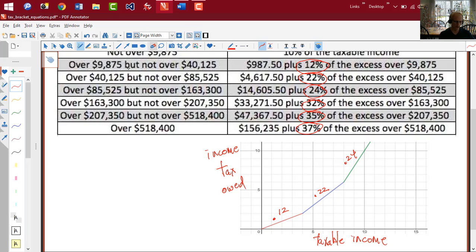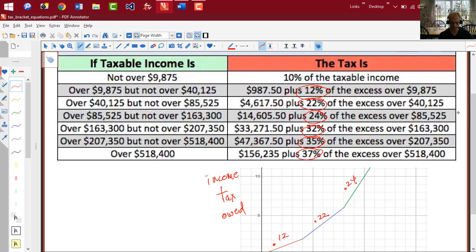All right. So if you make between $40,000 and $85,525, you've paid 12% on that portion, but you've paid 10% on the first $9,875.